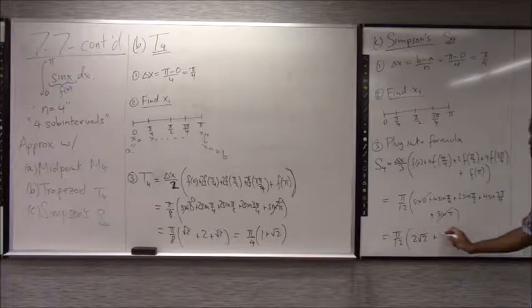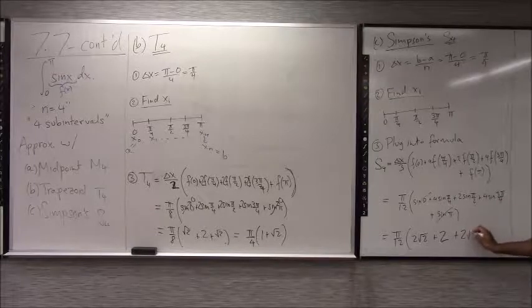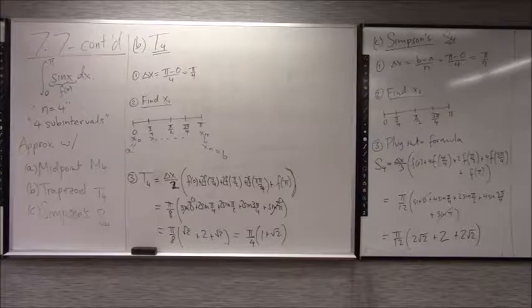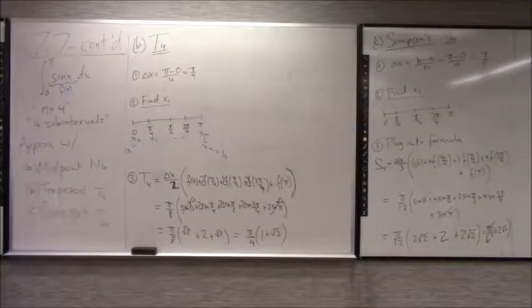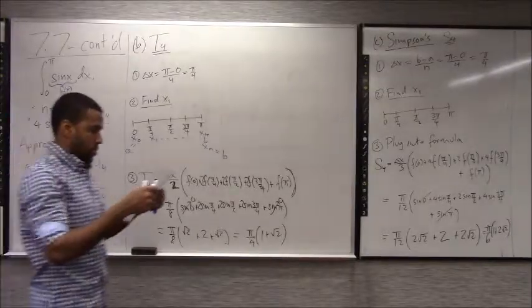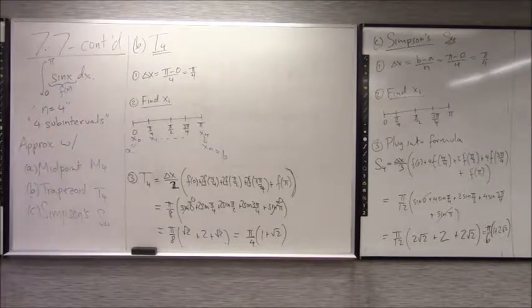Sine of pi over 2 is 1. Sine 3 pi over 4 is also 2 radical 2. So that becomes pi over 6 times 1 plus 2 radical 2. And that would be the approximation according to Simpson's rule. So you do those calculations, plug into the formula.